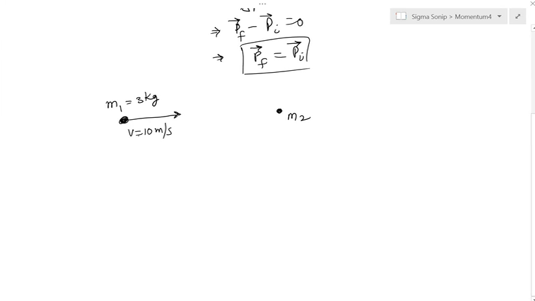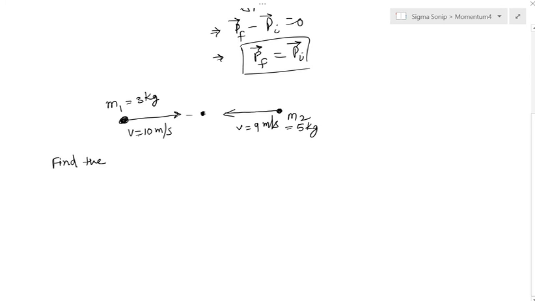The second object is going towards the left; its mass is 5 kilograms and its velocity is 9 meters per second. They collide, and after colliding they fuse together, so mass 1 and mass 2 combine and become a single mass. Our objective is to find the final velocity of this combined mass.